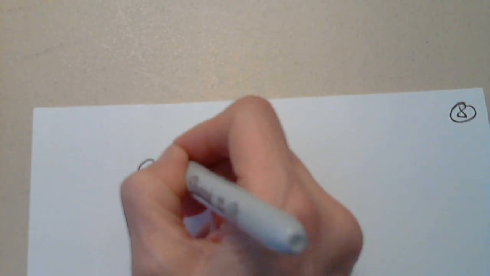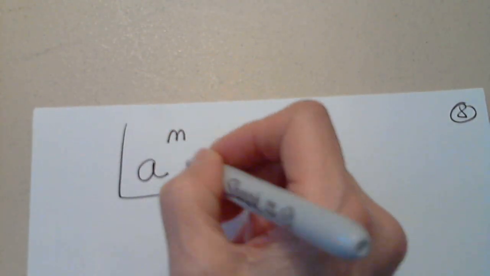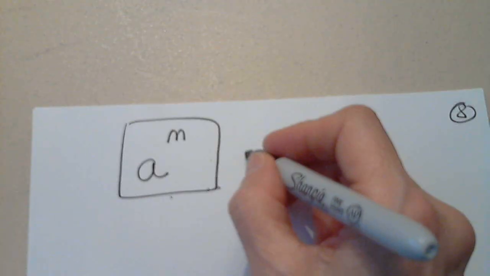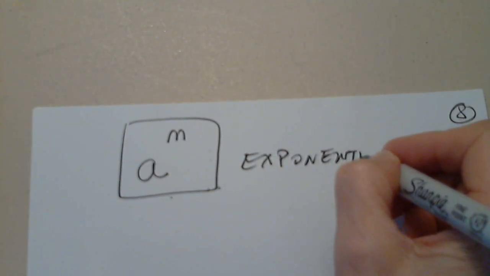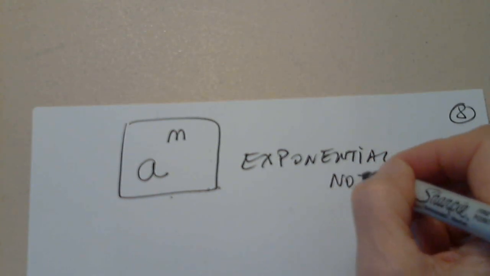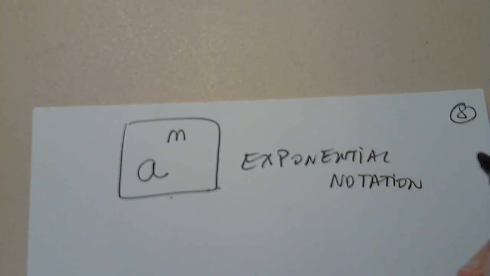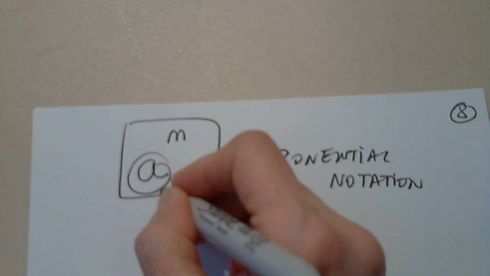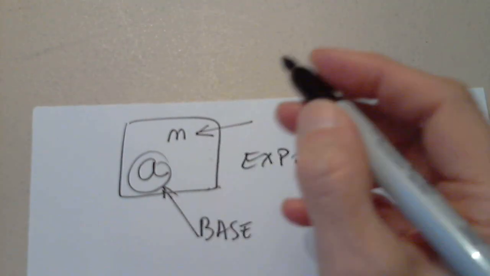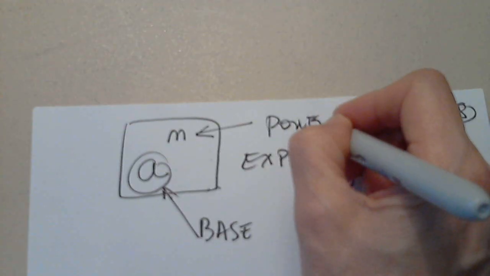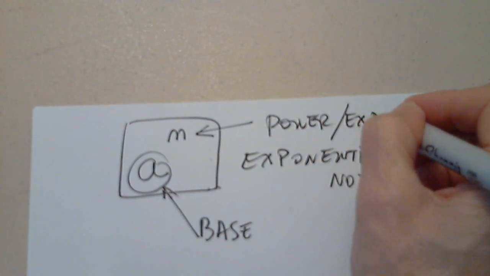So the exponential notation has a base and a power. This is called an exponential notation. This is called the base. This is called the power or exponent, whichever you prefer.